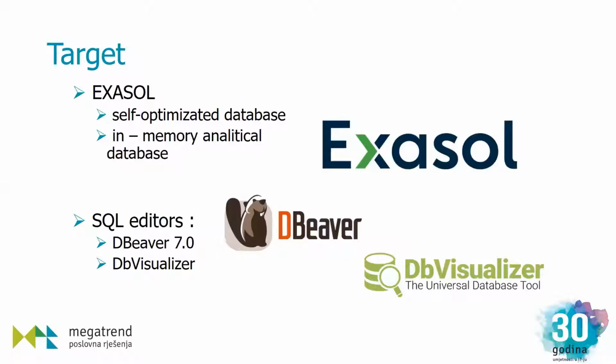And when we talk about an in-memory database, you know that it's very fast. As SQL editors we used DBeaver 7.0 and DbVisualizer, but we prefer to use DBeaver because it's open source too.